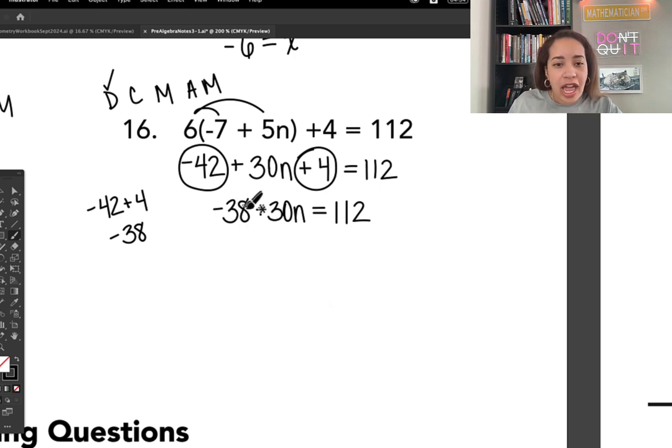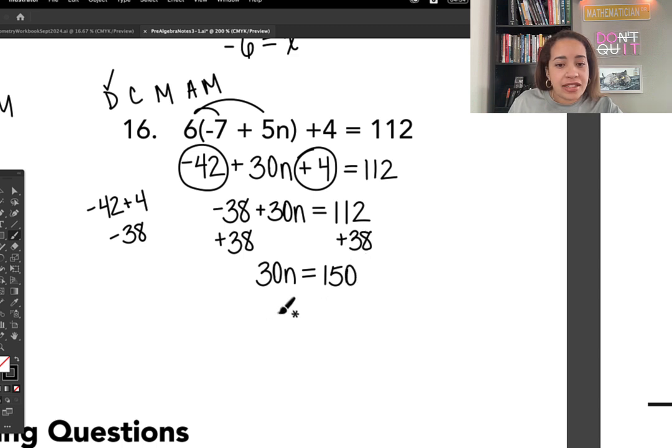This is like subtraction, and this part is multiplication. So I know that I should undo my subtraction before I undo multiplication. I'm going to cancel my subtraction by adding 38 to both sides of the equal sign. Now I've got 30n all by itself on the left side, and on the right side, 112 plus 38 gives us 150.